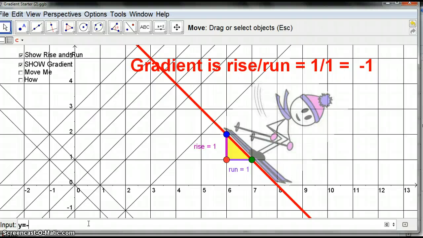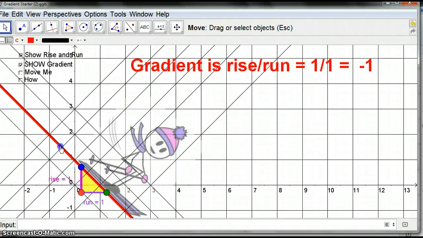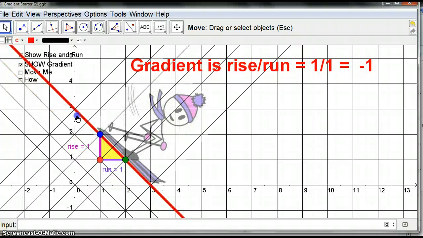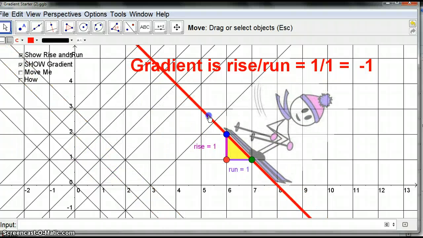Y equals negative x plus 2. Y equals negative x plus 3. So those ones have all got the gradient of negative 1, because they're all going downhill. Does that make sense? They're all different y-intercepts, so they're in different spots, but the gradient is the same.